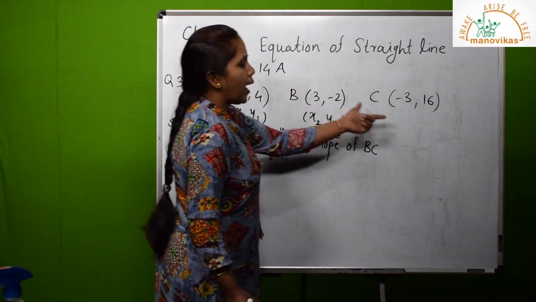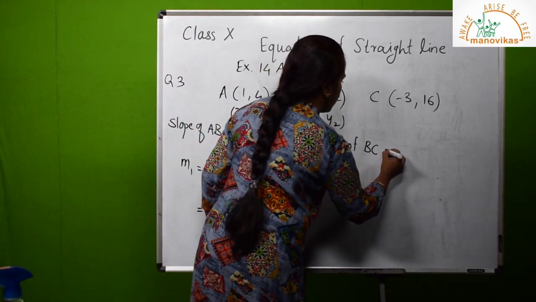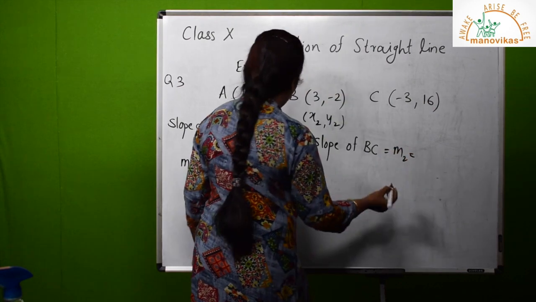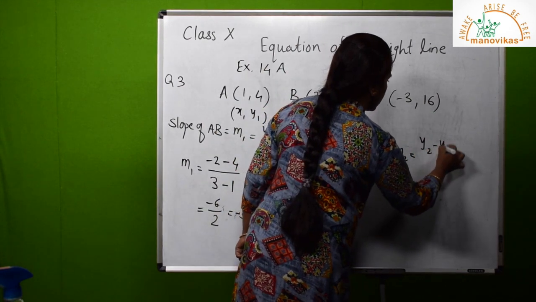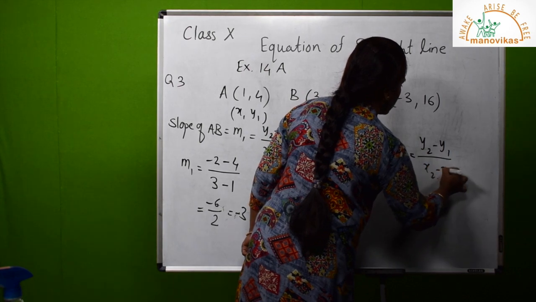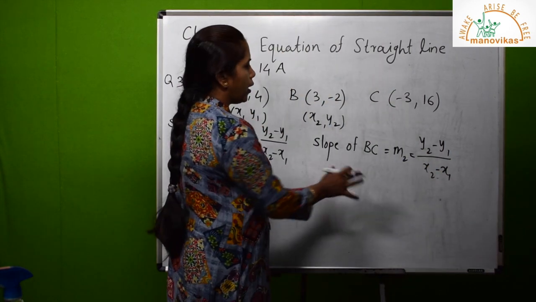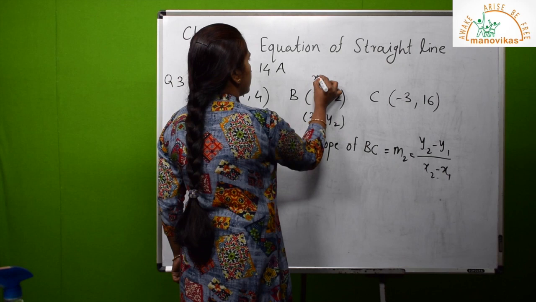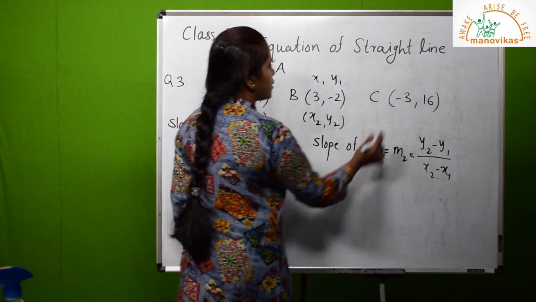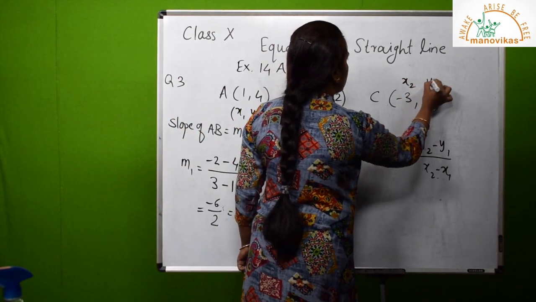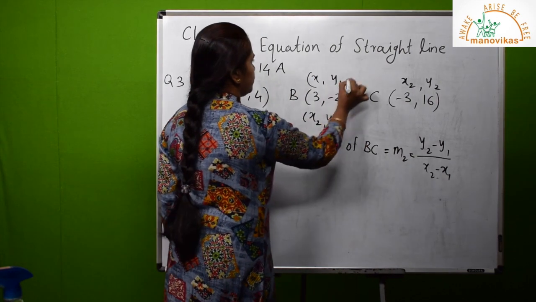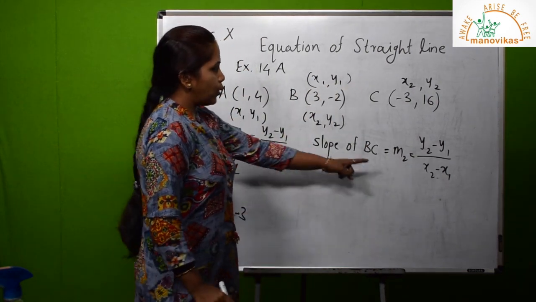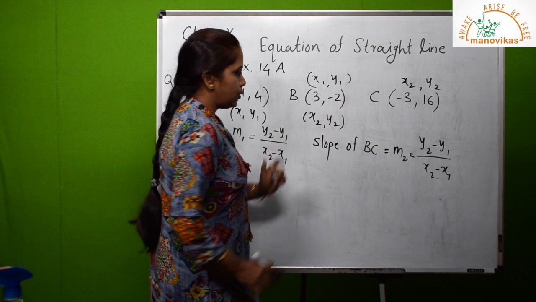Now for B and C, again suppose m2 is the slope, y2 minus y1 upon x2 minus x1. In this again, notation wise, this is the x1 y1 for BC and x2 y2 point. So according to that we have to substitute the values.